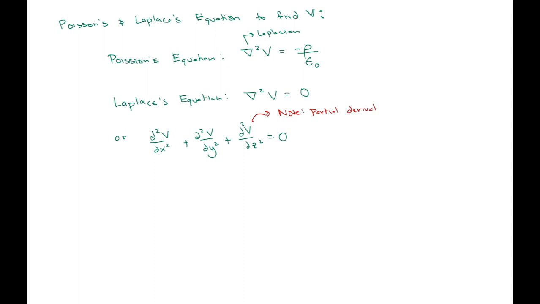So they're different than total derivatives. Okay, this is what it is in Cartesian coordinates. As you guys know, oftentimes you have to apply these equations in other coordinate systems if you want to know the potential or the field in another coordinate system. So I'm not going to write down all the formulas because they're all in the back of your book, or you can find them easily with a Google search.